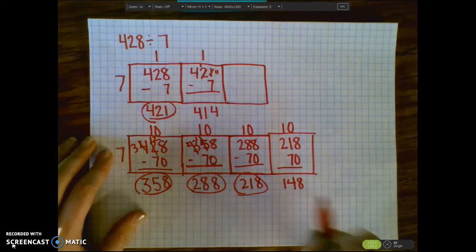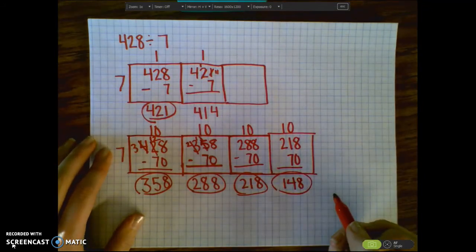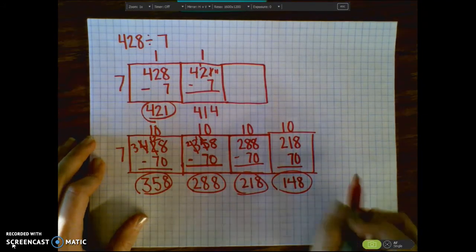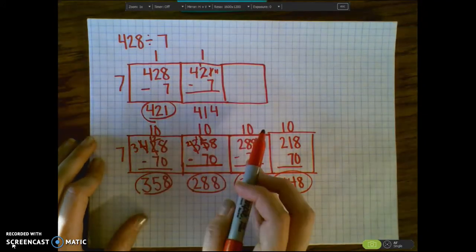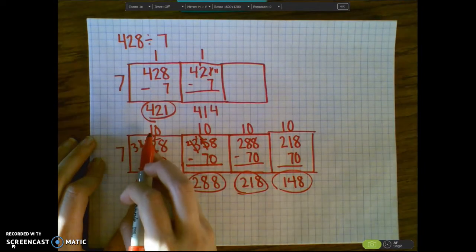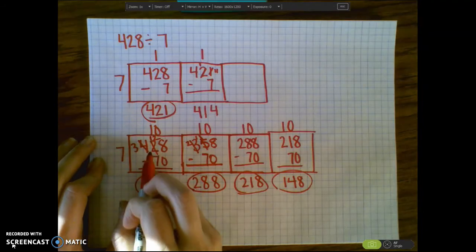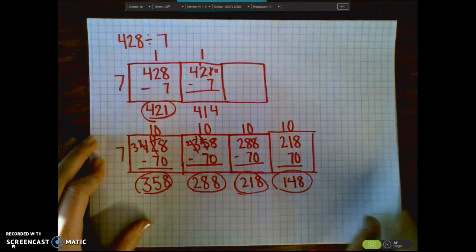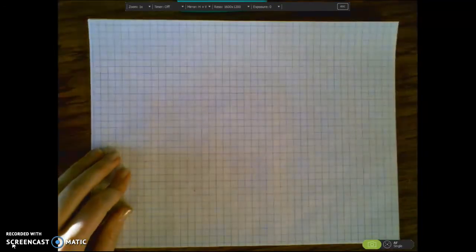This still takes a little bit longer and it takes a lot more steps. For some students, it's going to be helpful to do baby steps at a time until they're comfortable figuring out maybe not just 1 ten, maybe 4 tens or 5 tens would fit into 428. I'm going to show you how to do that next.